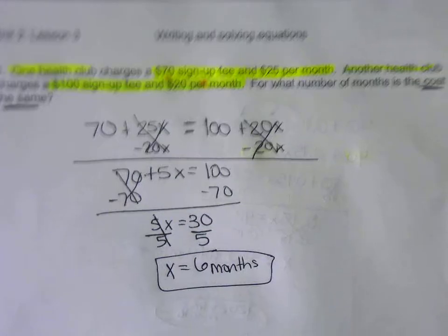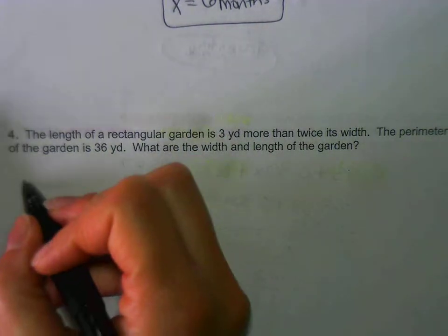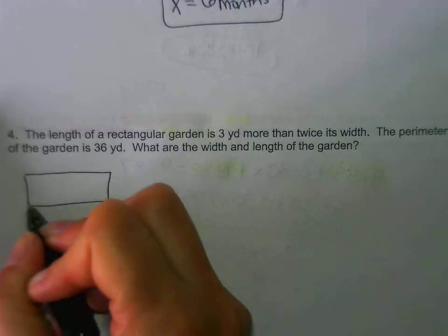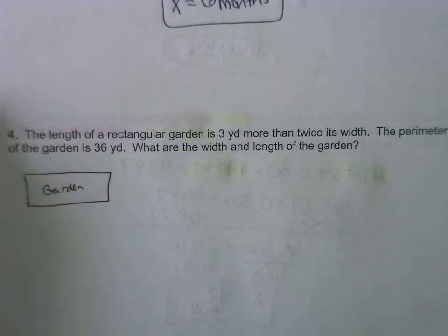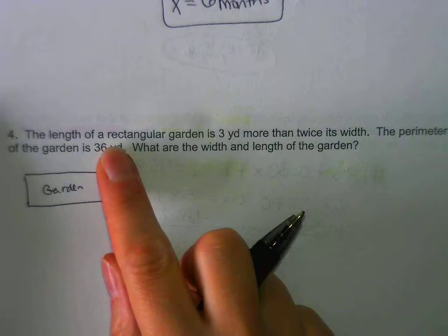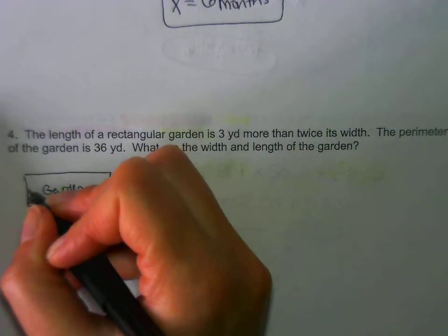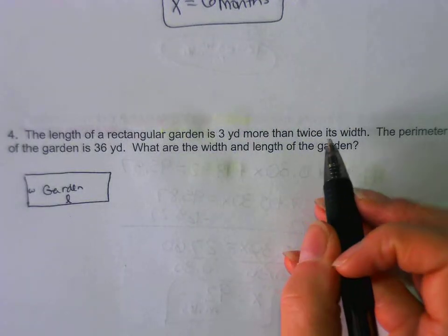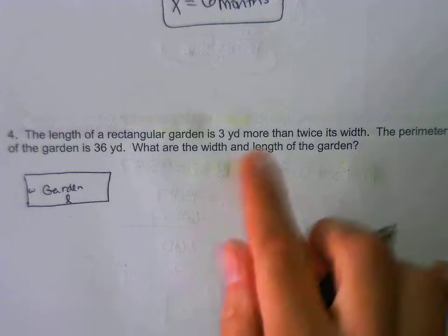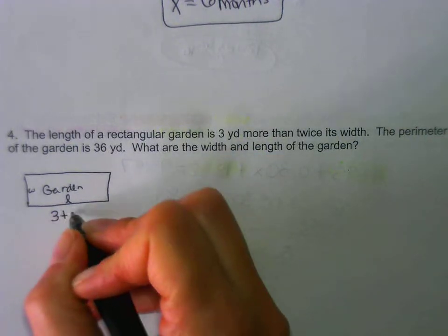Example number 4. The length of a rectangular garden. So I have a garden. Here's my garden. The length of the rectangular garden, so this is my length, this is my width, is 3 yards more than twice its width.